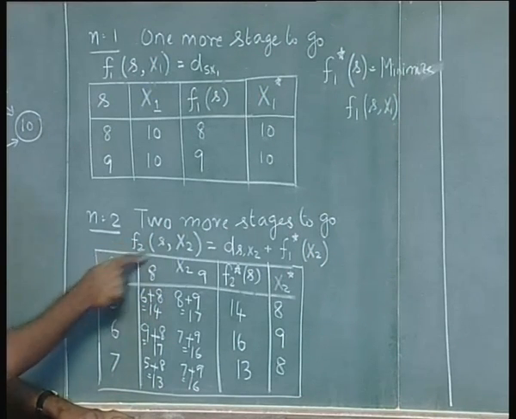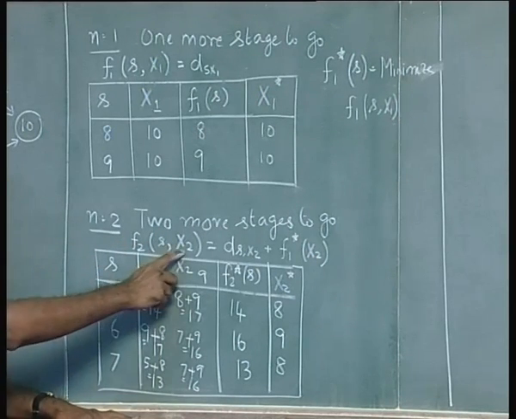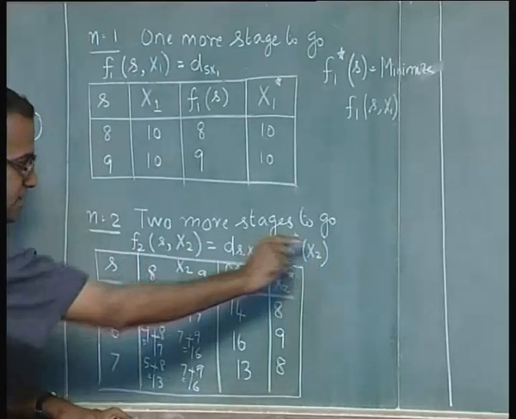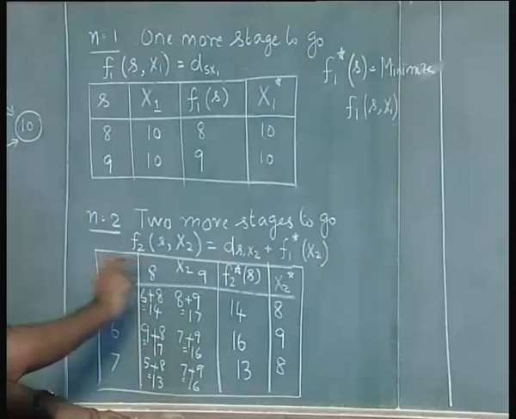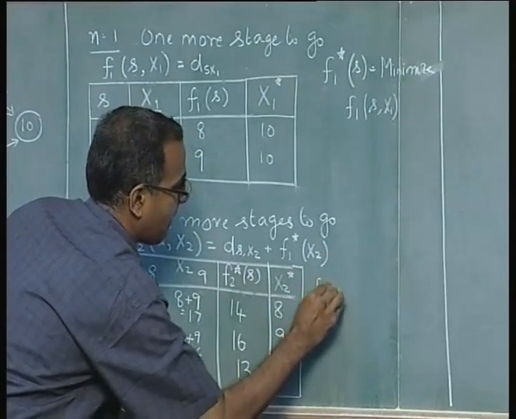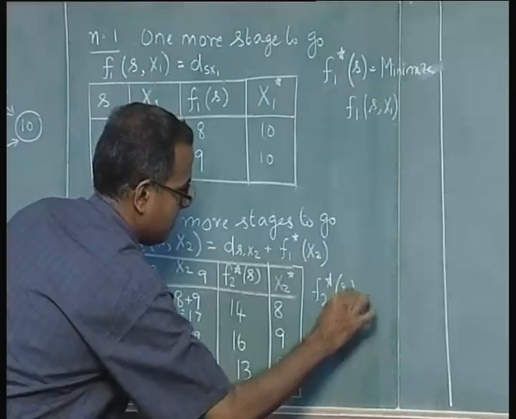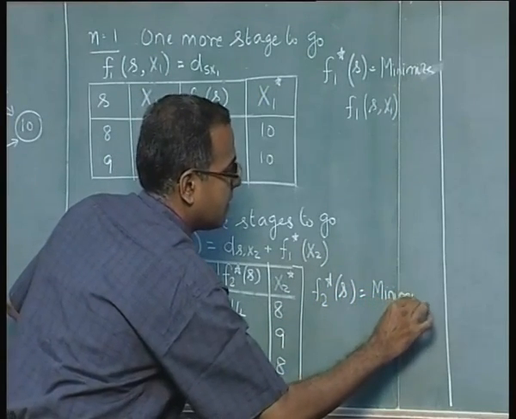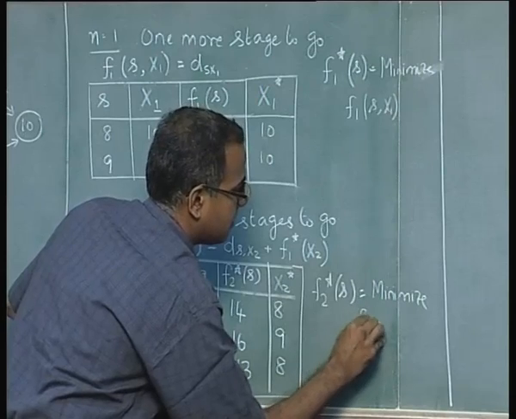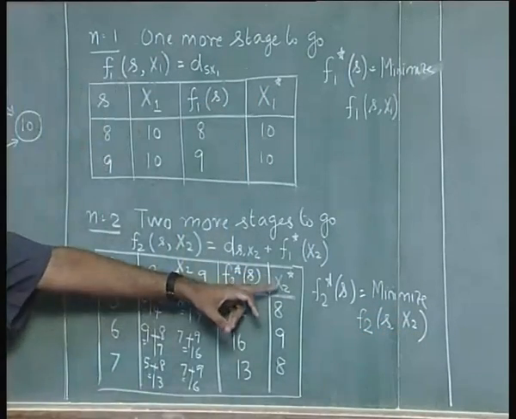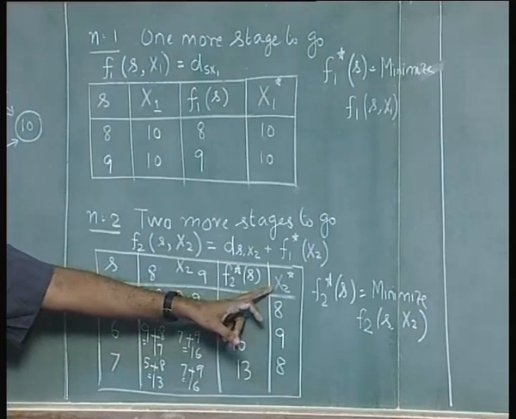Now when I am in state S equal to 5, I have two choices for x2 equal to 8 and 9. So I have evaluated this function as 14 and 17. So the best way to go from 5 to destination would be f2 star of S, which will minimize f2 of S x2, and the corresponding x value is written as x2 star.